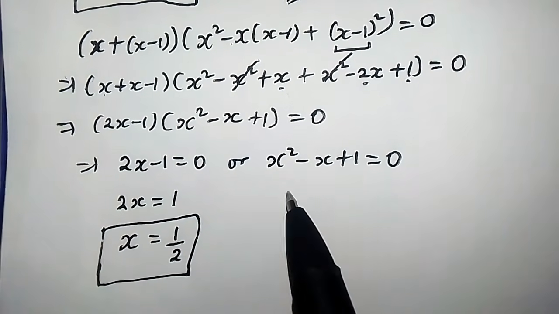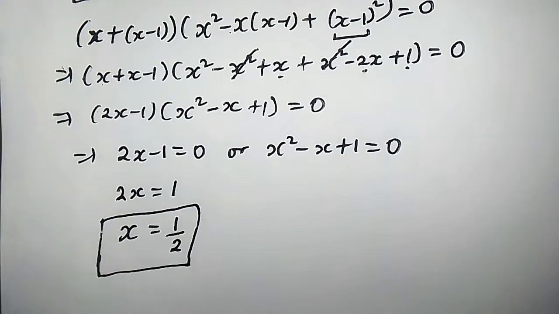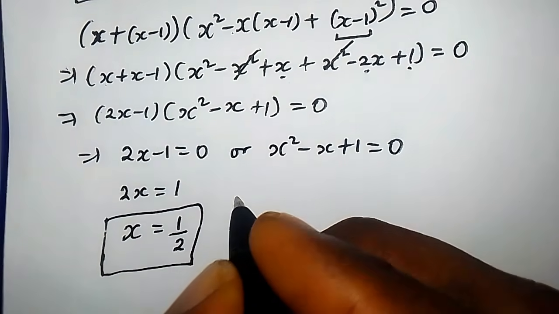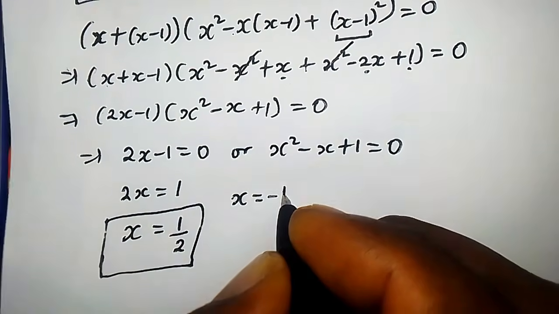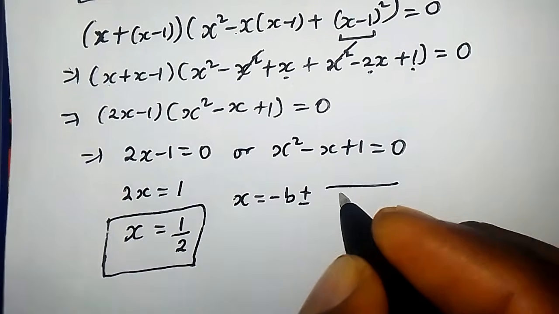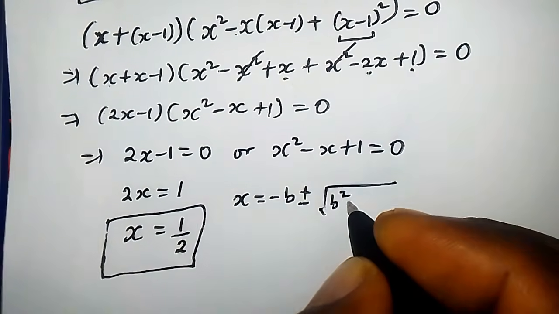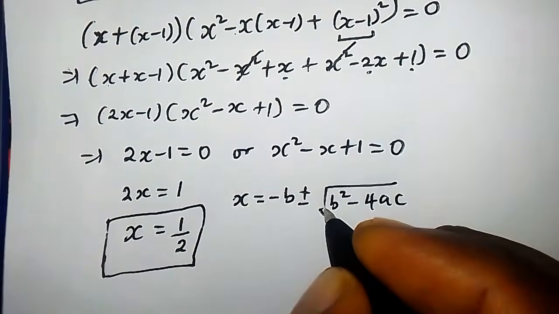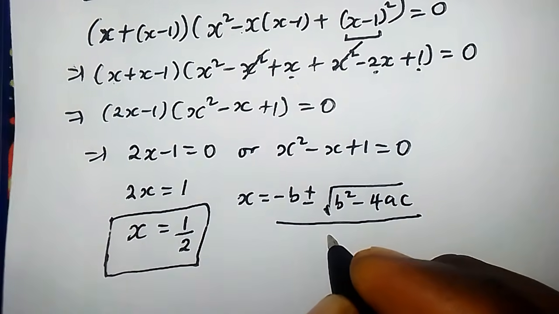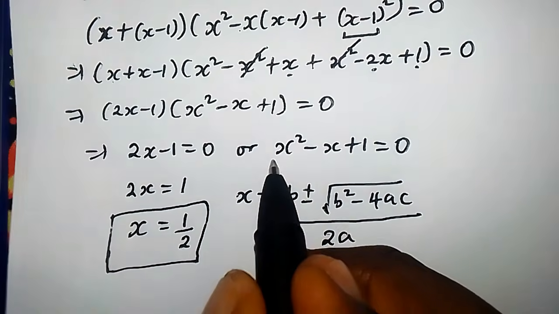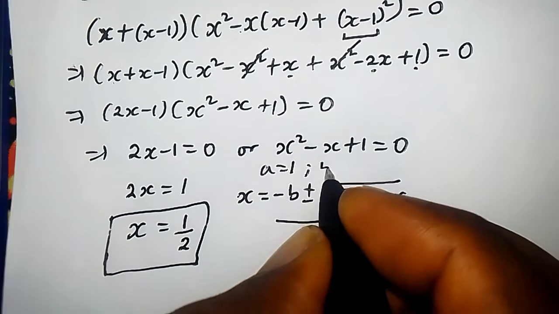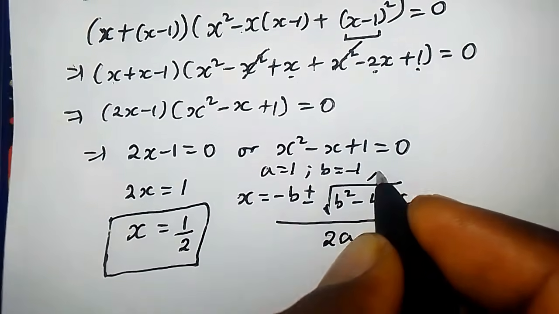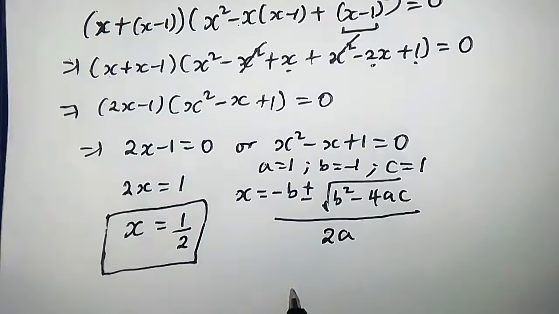Now, let us solve this other quadratic equation. We can solve it using the quadratic formula, which is x equal to minus b plus or minus square root of b square minus 4ac, all divided by 2a. From this equation, a is equal to 1, b is negative 1, c is equal to 1.